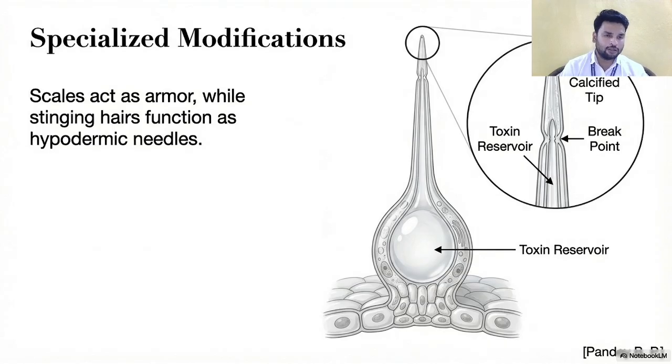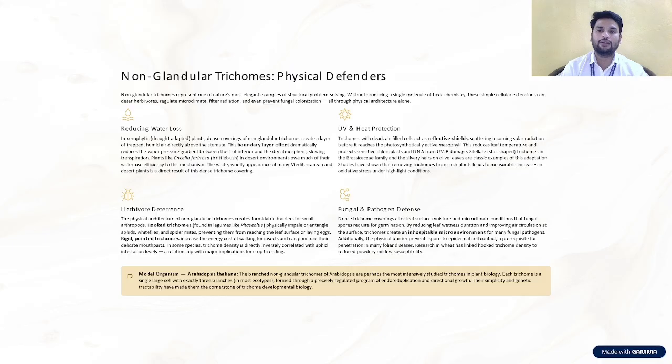When these particular scales insert into any microbes or humans, after the insertion the very thin calcified tip can break, and the toxin reservoir releases a secondary metabolite toxin into the particular organism or microbe. So that's why they are toxic trichomes. So we can say that non-glandular trichomes are physical defenders.